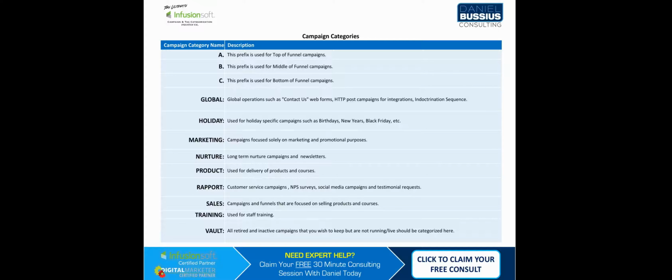Other ones, if you have certain integrations that just require HTTP posts because there are API integrations, and all that's in that campaign is HTTP posts, then that would sit under a global campaign category. Also, the indoctrination sequence. If you set up your indoctrination sequence like I set it up, it's a global campaign. Anytime anyone comes into your world, no matter how they've come in, they will go through that indoctrination sequence, and therefore that campaign should fall under the category of global.